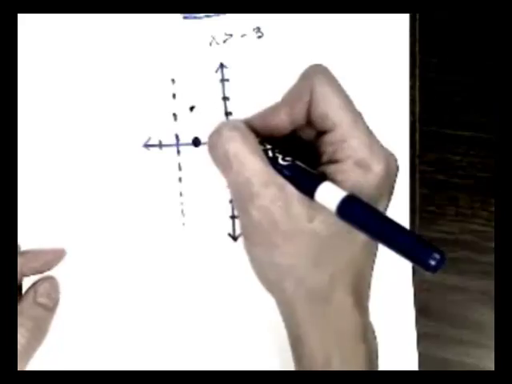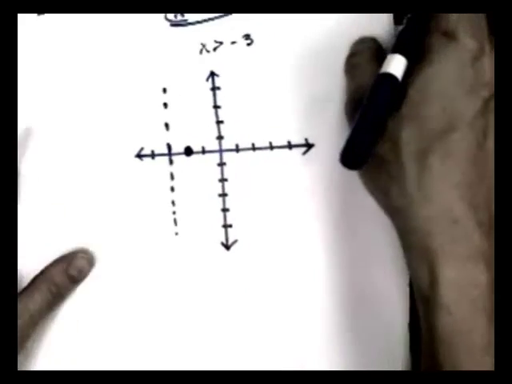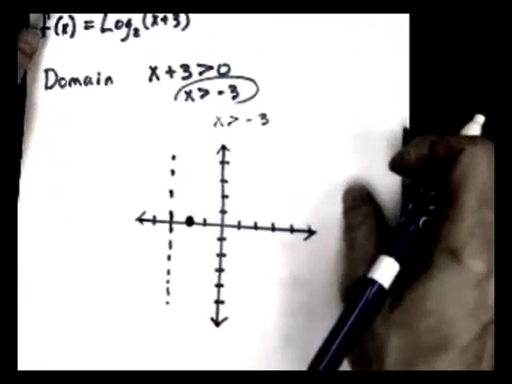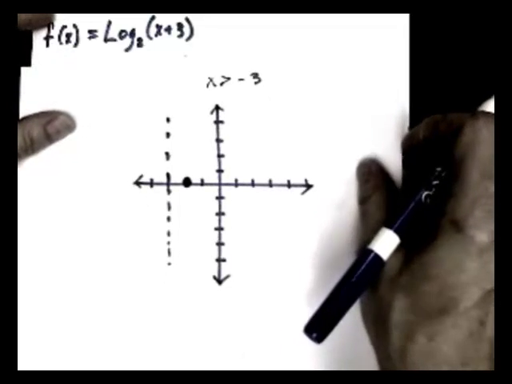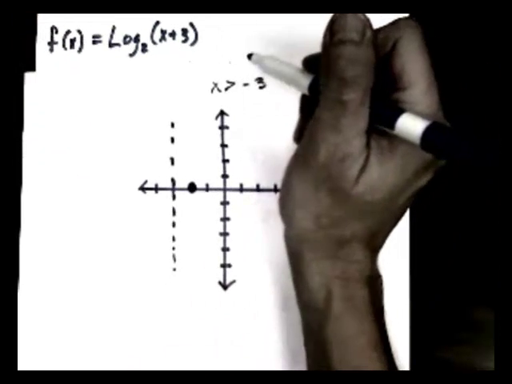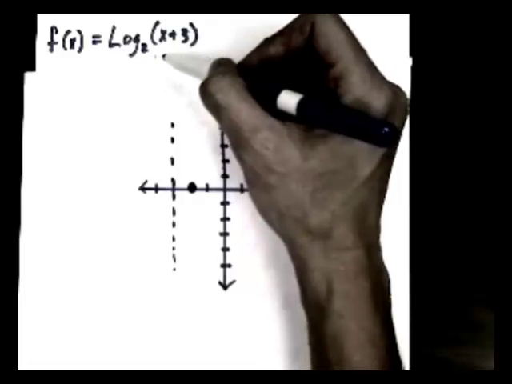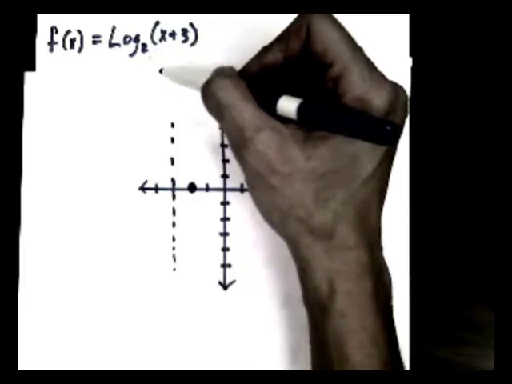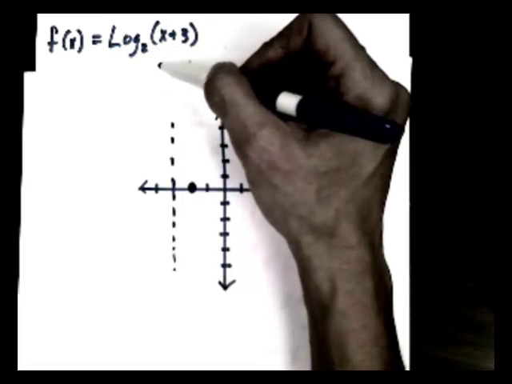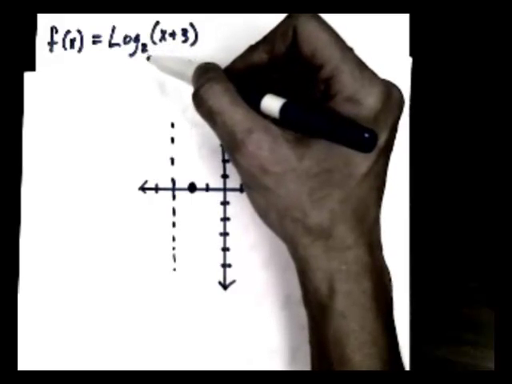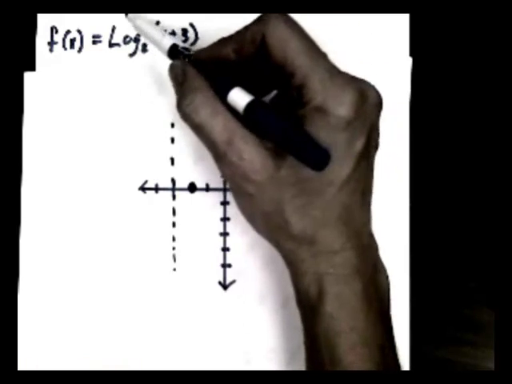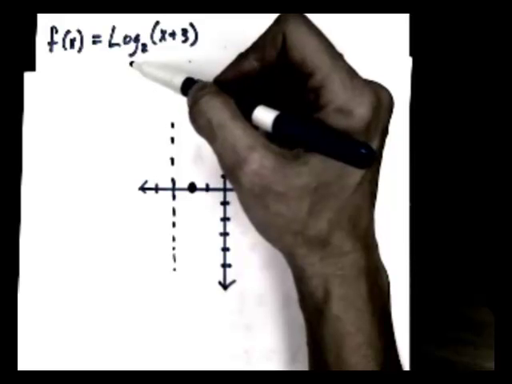Now, your curves for logarithmic functions are either increasing or decreasing. Whenever I look at this, a couple of things I want to consider. First of all is my base number. As long as the base number is greater than 1, and it is, I have a base number here of 2, greater than 1, and I don't have any negatives in here to make it decreasing.